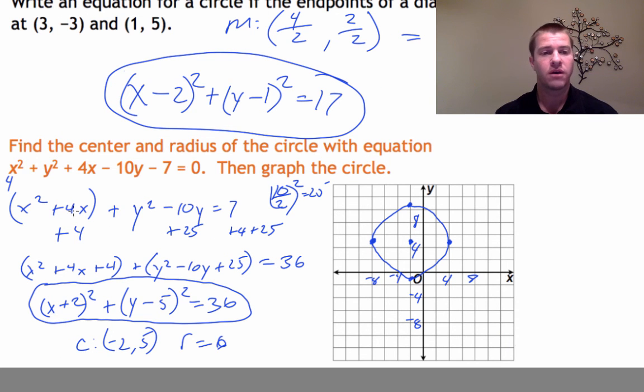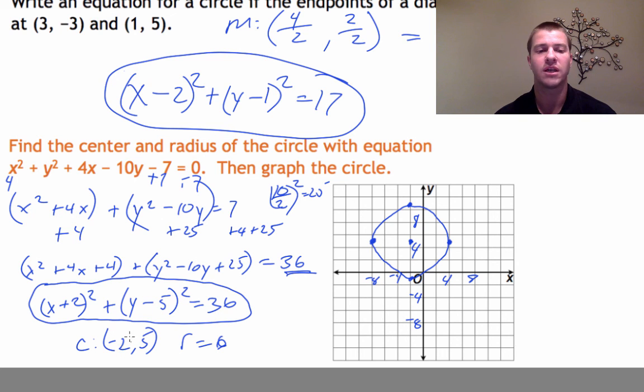And for this one, get the x's together, so x squared plus 4x plus y squared minus 10y. I'm adding 25 for that one. I'm adding 4 for that one. I already added the 7 over here, so it's 7 plus 4 plus 25 becomes 36. This factors into x plus 2 squared, this one factors into y minus 5 squared.